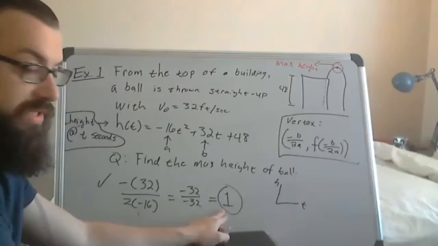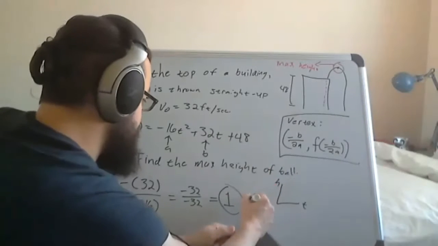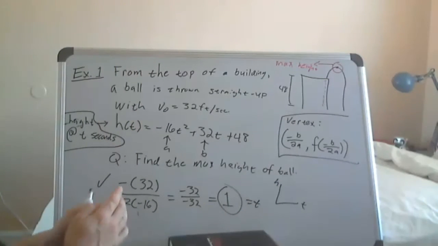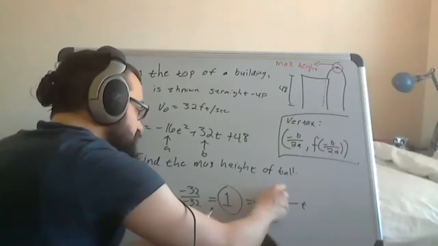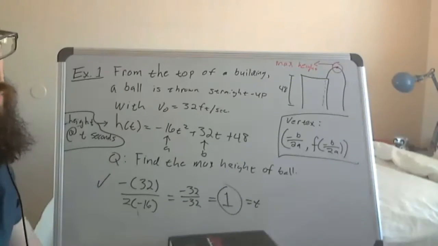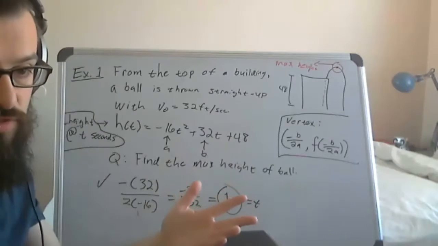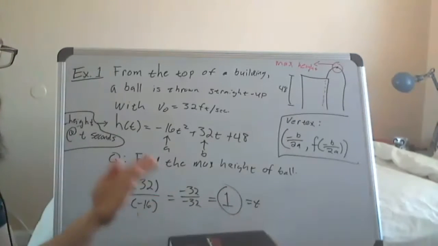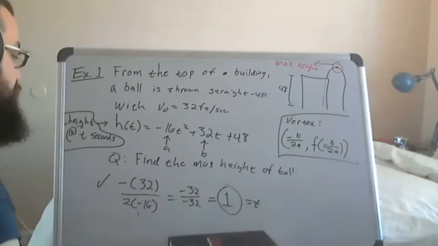What this is giving us is a t value. Now the question is, find the max height of the ball. If the question was, when does the ball achieve its maximum height? Here it is, 1 second, after 1 second has passed after throwing.